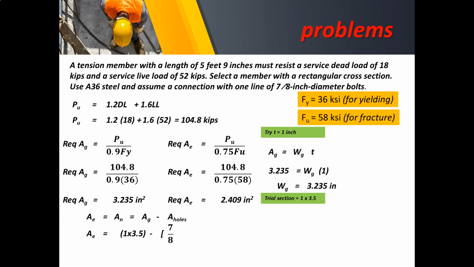The diameter is 7/8, and as usual we add 1/8 to get the nominal area occupied by the bolt. According to the problem, we have one line of bolts, so we just multiply it by 1. Consequently, we can now have our effective area of 2.5 square inches.